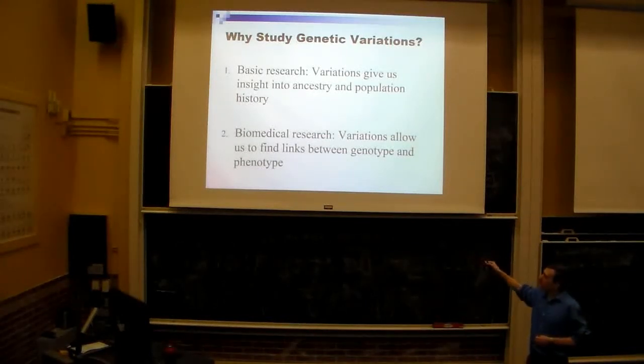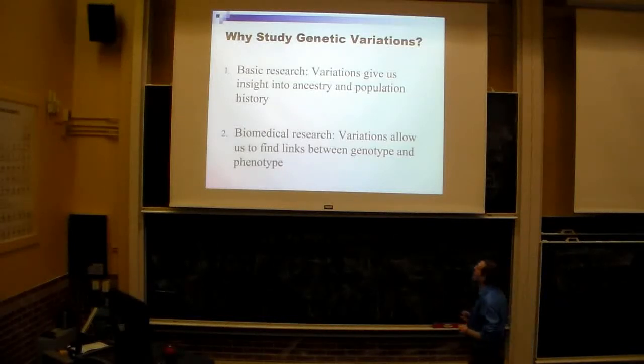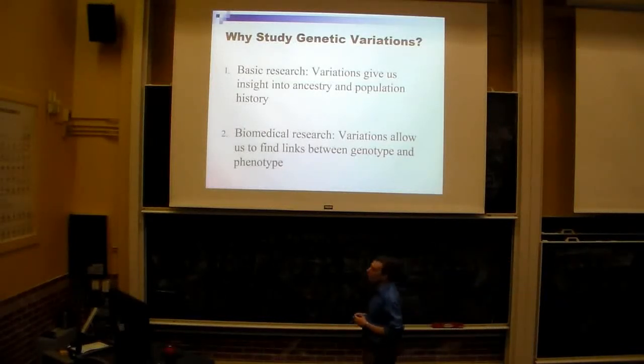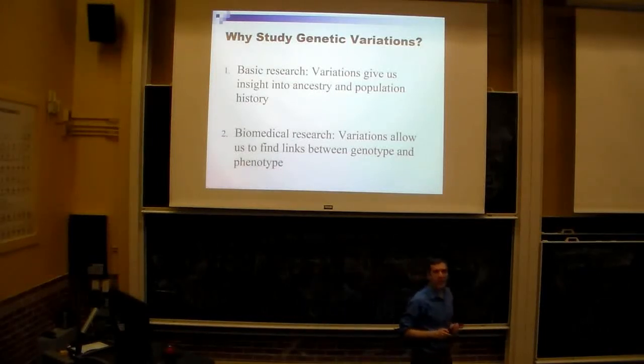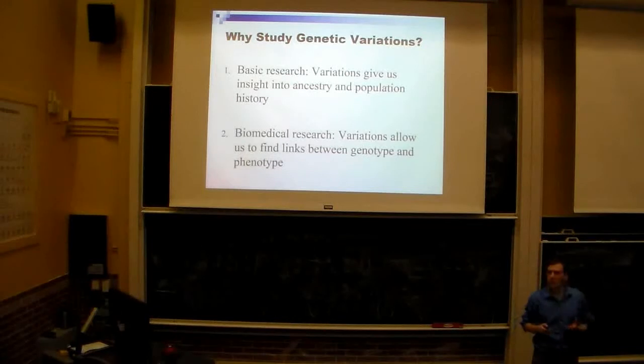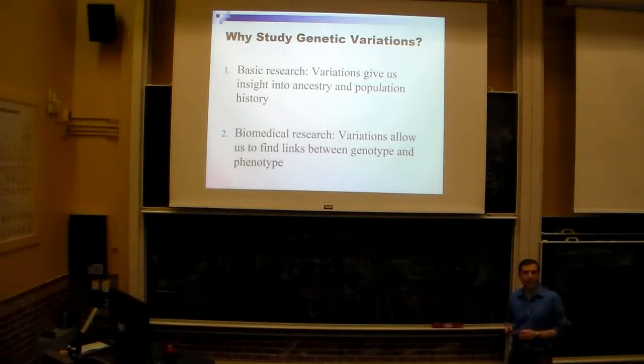Much more often, this research is really driven by biomedical interests. So these variations allow us to look for correlations between genetic variation and phenotype. And very often by phenotype, we're talking about disease phenotype.